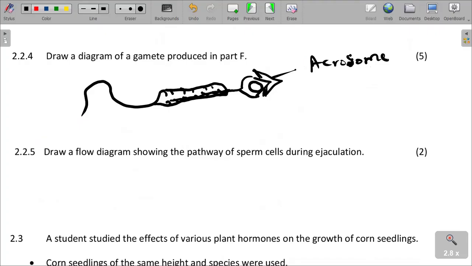Then we have the nucleus, and then the mitochondria, and then the tail.